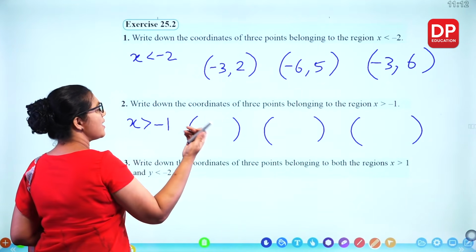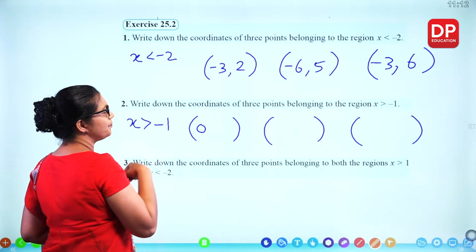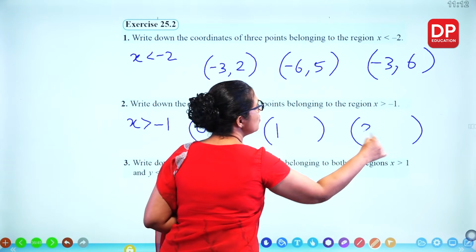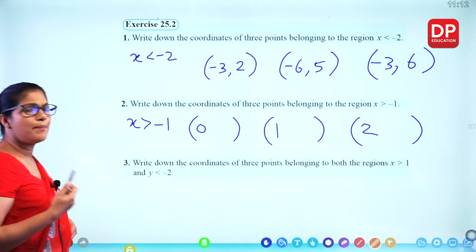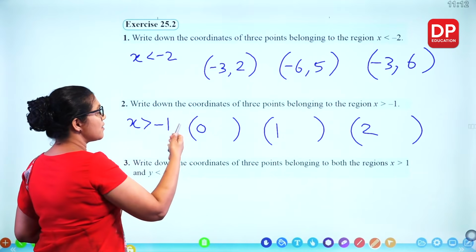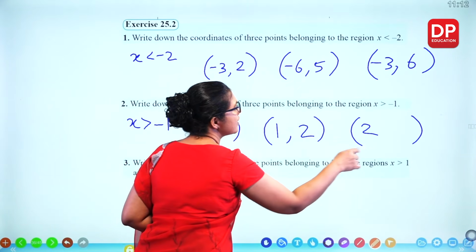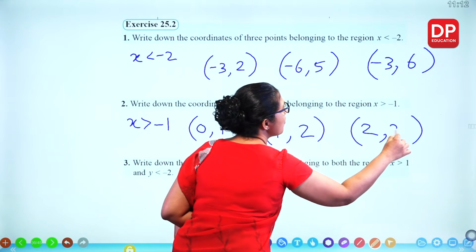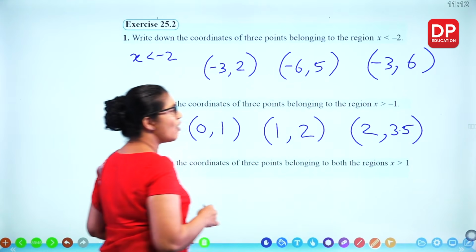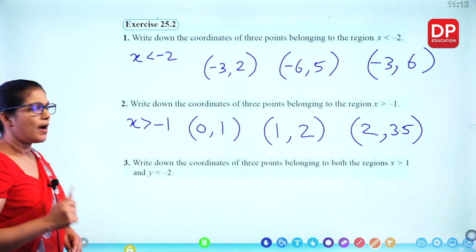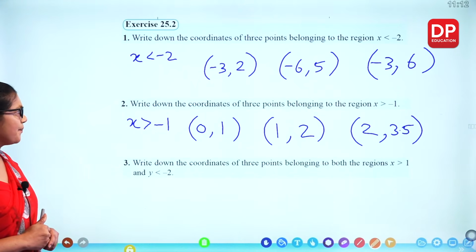So greater than minus 1 you can take 0, 1, 2, or you can take the same x values, but for the y value you can take any value you like, 3.5 or any decimal or any y value you can write.